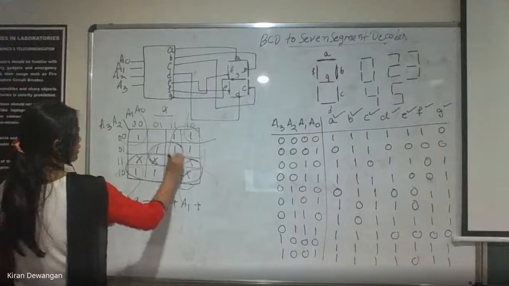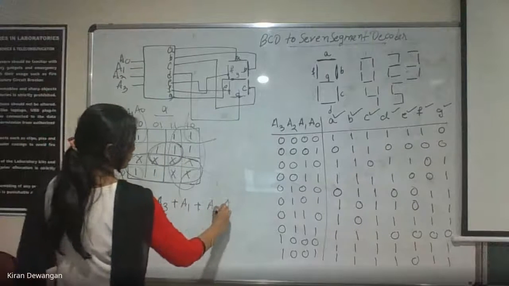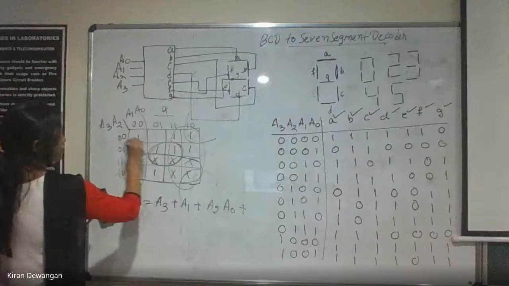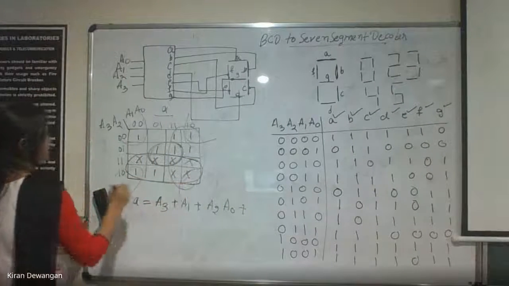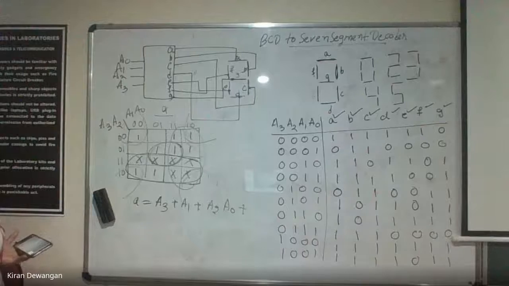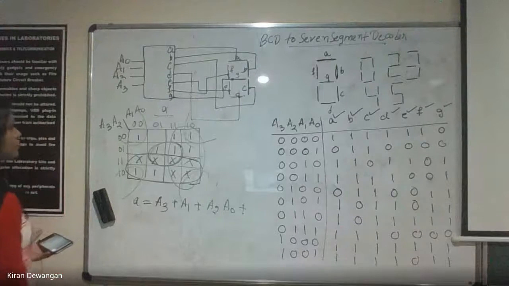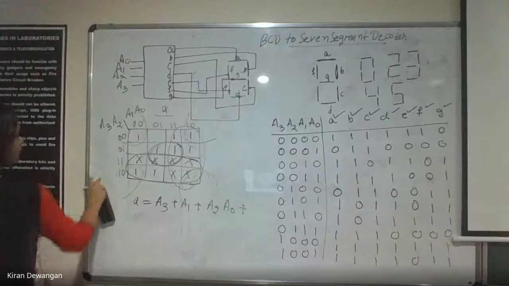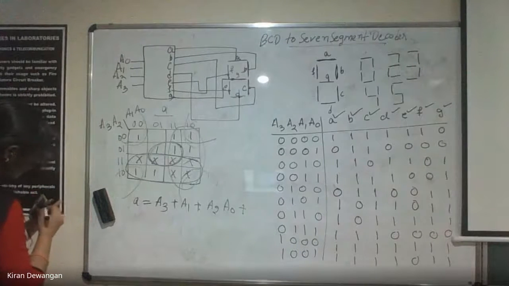For this quad, A2 A0, quad, A2 A0. For this quad, corners, A3 and A1, I guess. That's it. A3 A1, A3 A0. Not A3 A0, it is A2.